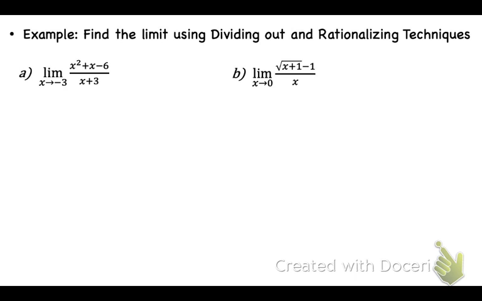No. If I plug in -3, I get 9 minus 3 minus 6 over -3 plus 3. I get 0 over 0. That is called an indeterminate form, meaning I can't determine what's going on.